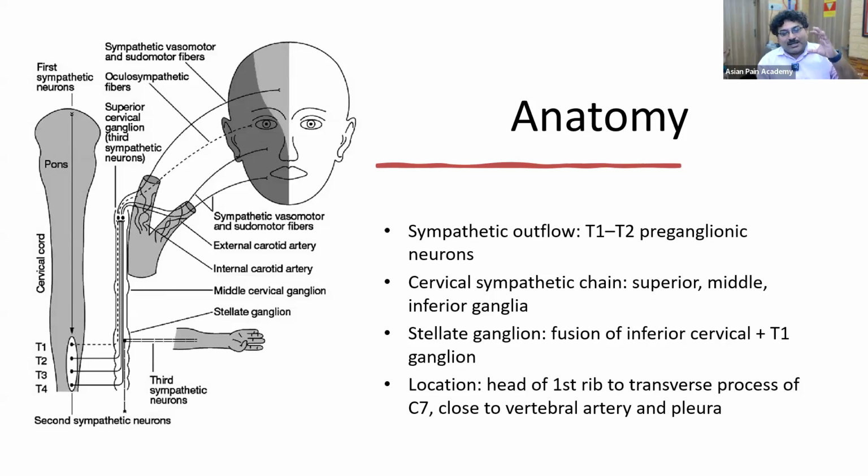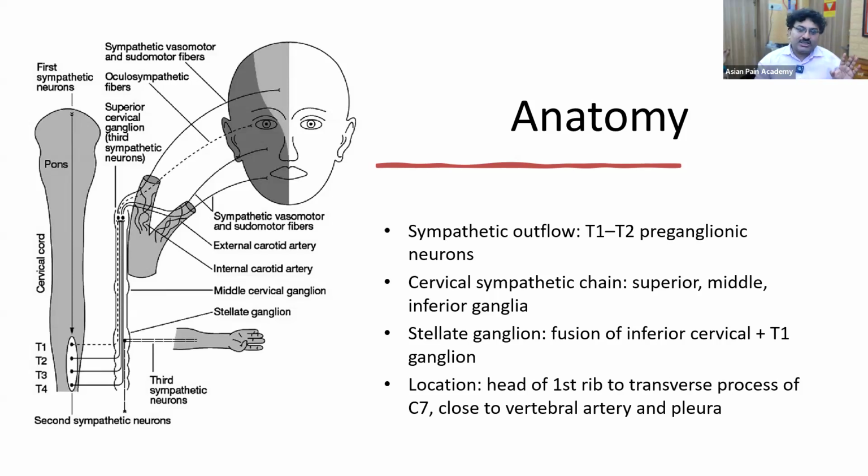We all know sympathetic is mainly a thoracolumbar outflow. Usually, in most cases, T2 to L2 is the usual outflow for the sympathetic ganglia. Sometimes T1 can also take place. So basically, it is the sympathetic outflow from T1 and T2 which is designated for the head, neck, and the upper extremities.